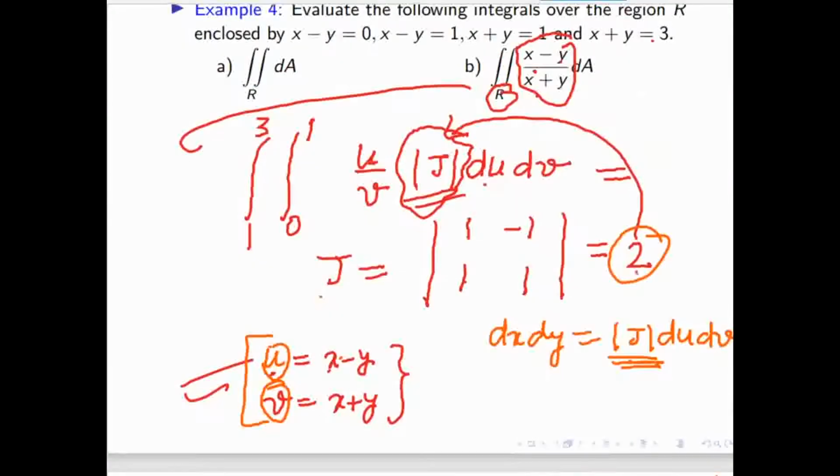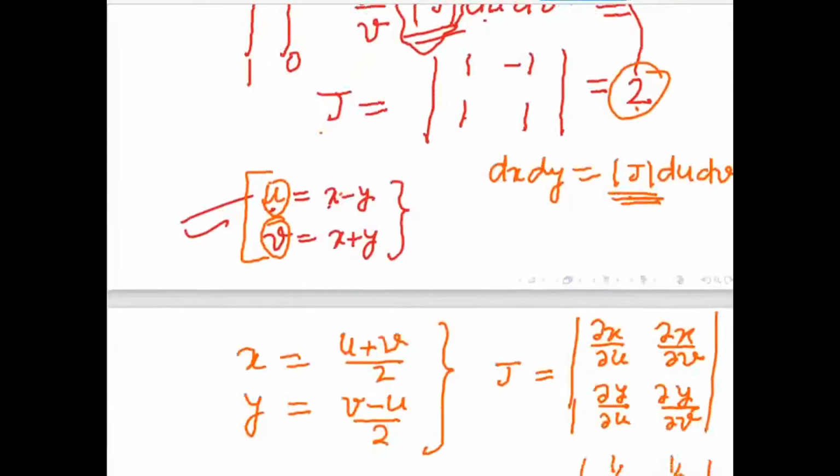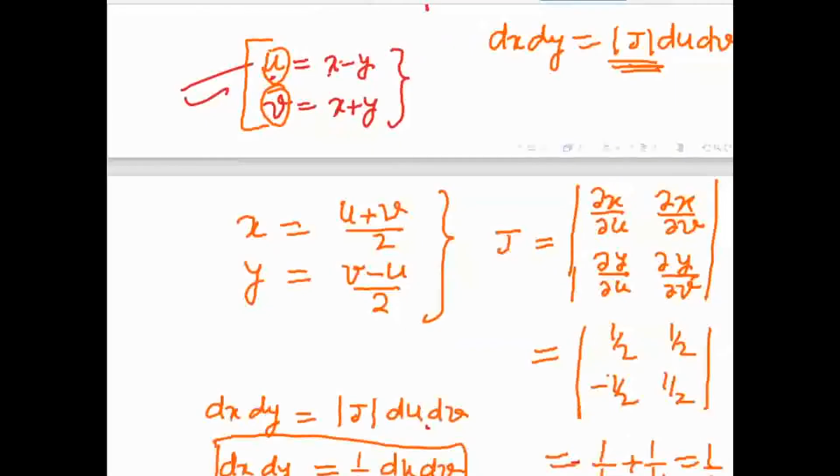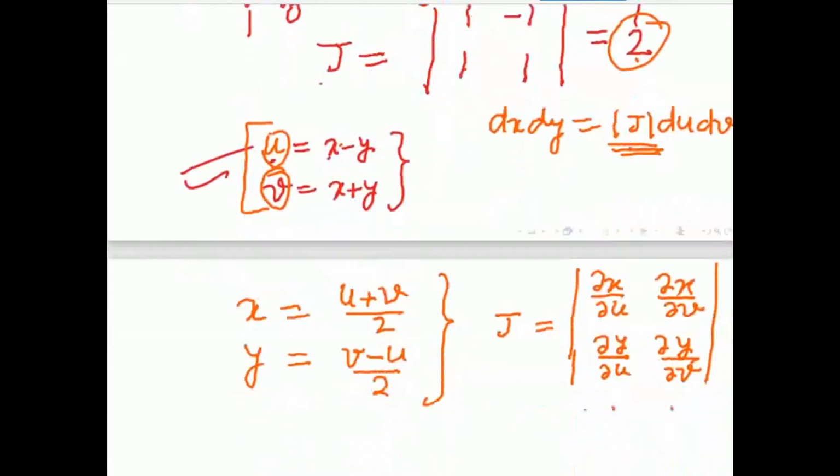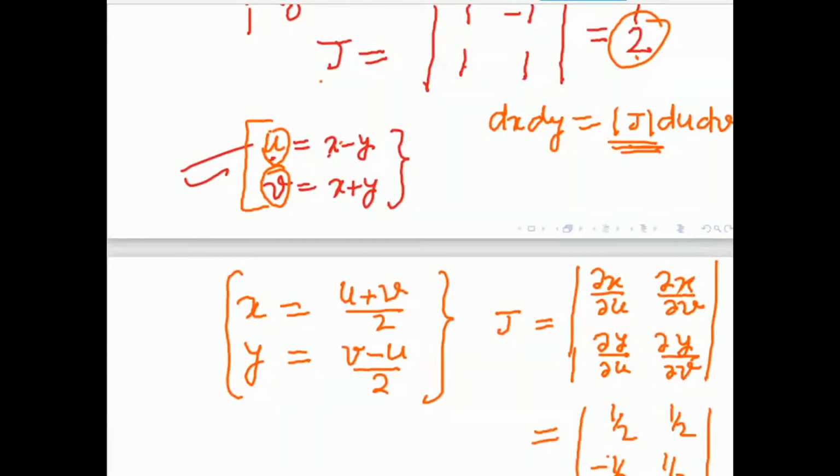If it is 2, then this value should be 1 by 2. So you can make the transformation, that means you can find xy in terms of uv and then find the Jacobian, or you can directly find the Jacobian and then take the reciprocal. Same thing. Here from uv to xy, here xy to uv.